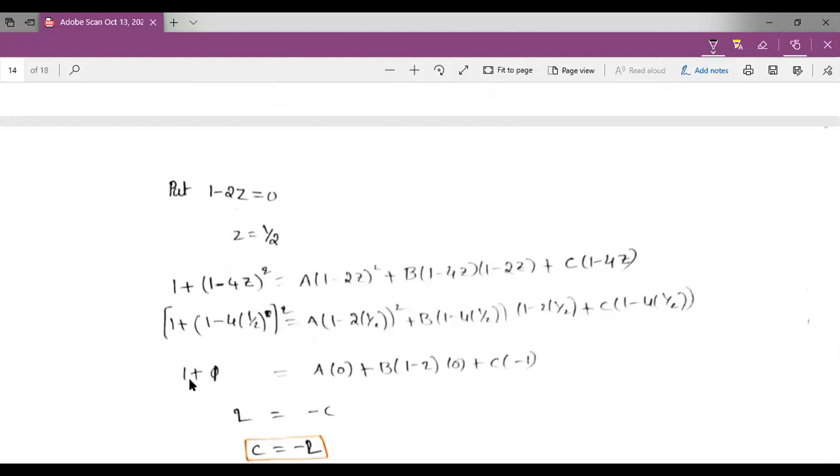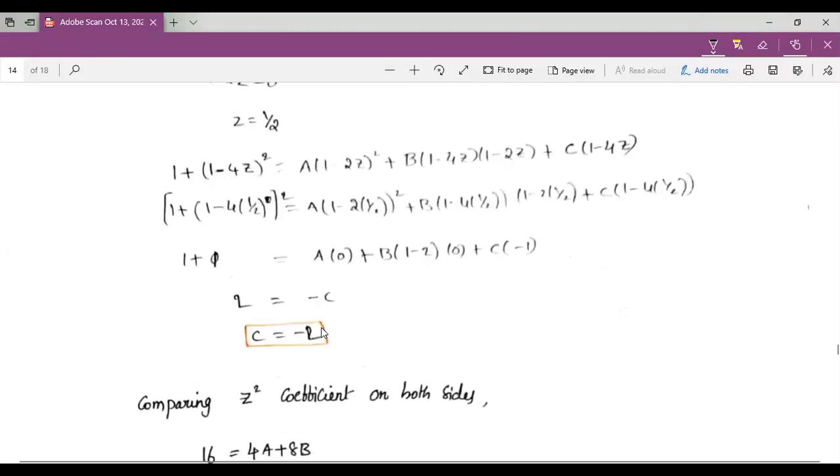So the remaining value on the left side is 1 plus 1, and on the right side 2 into 1 by 2. So the a term will become 0 and the b term will become 0. c is equal to 1 minus 4 into 1 by 2, 2, 1 minus 2, minus 1. c into minus 1. So 2 is equal to minus c. c is equal to minus 2. The value for c is minus 2.